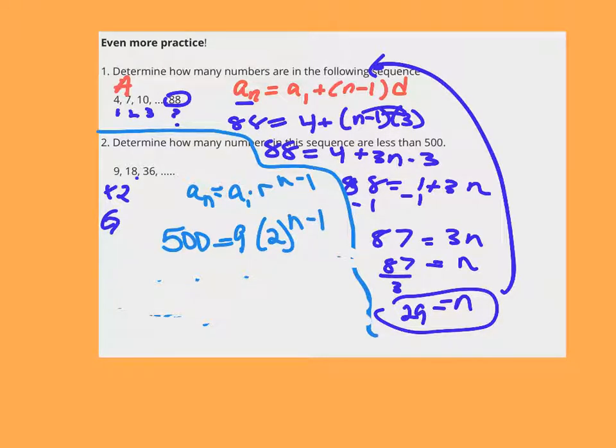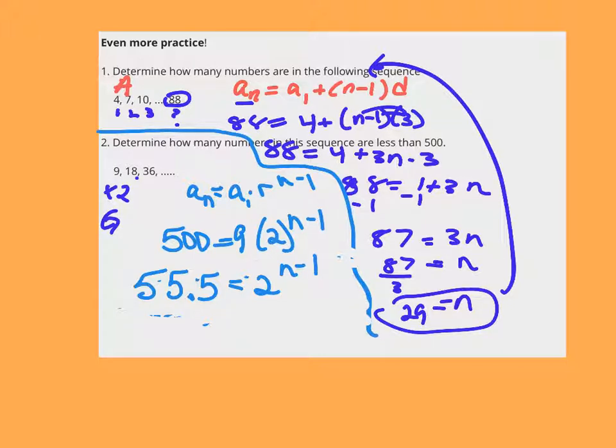So if I take 500 divided by 9, I have 55.5 is equal to 2 to the n minus 1. So here we could use some logarithms and take the log of both sides if you want to do that. Or you can just test out different n values to see what will get you close to 55.